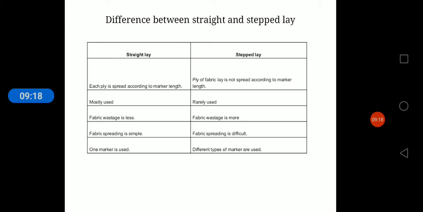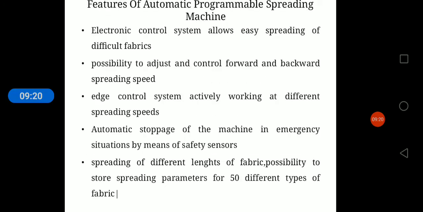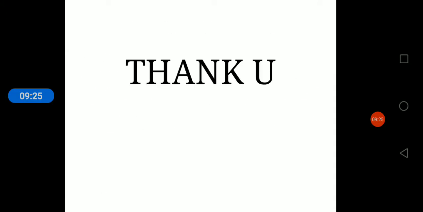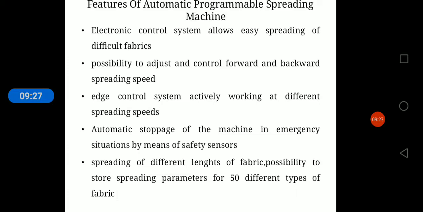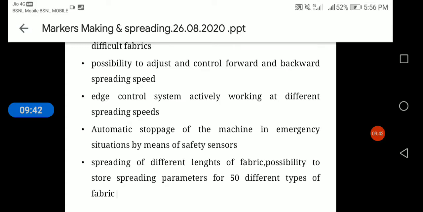Okay, and features of automatic programmable spreading machines. What are the different features of automatic programmable spreading machines? First, electronic control systems allow easy spreading of difficult fabrics, with the possibility to adjust and control forward and backward spreading speed.